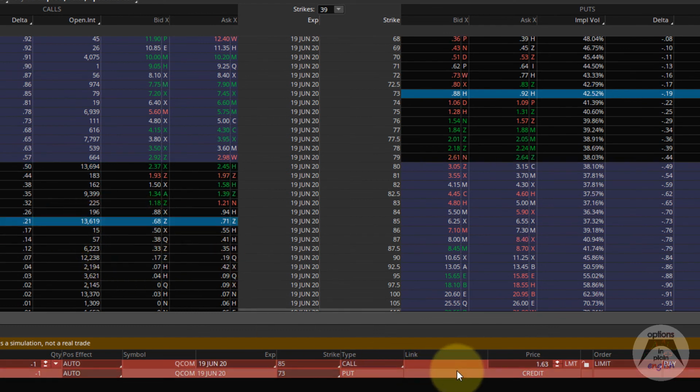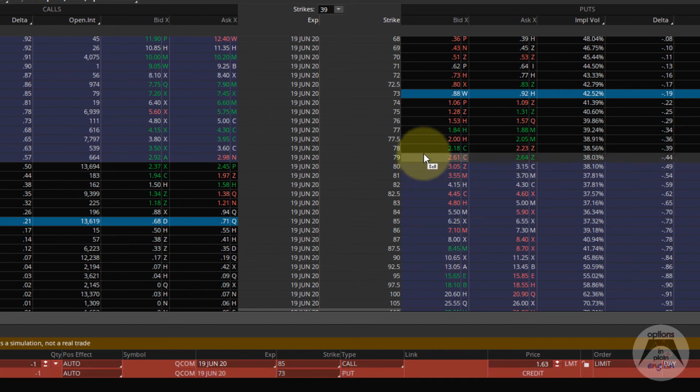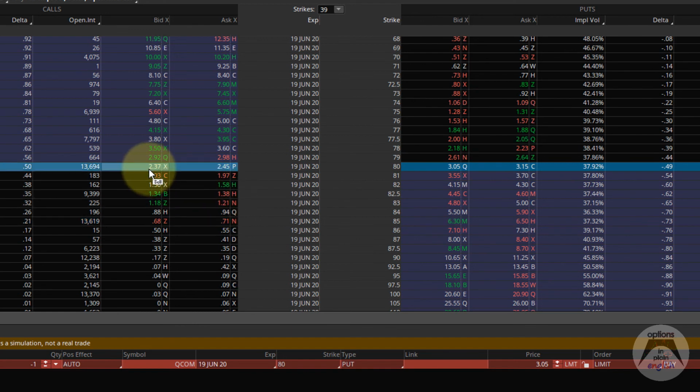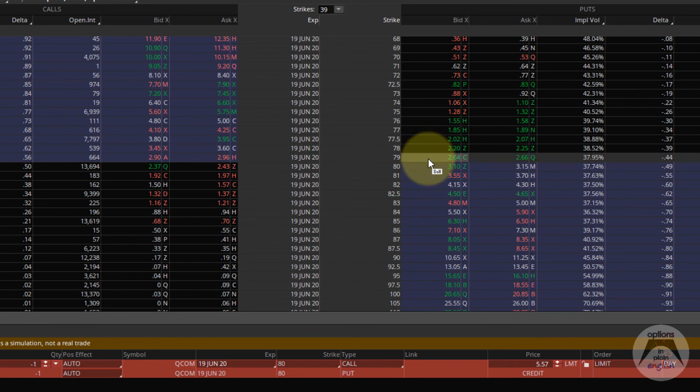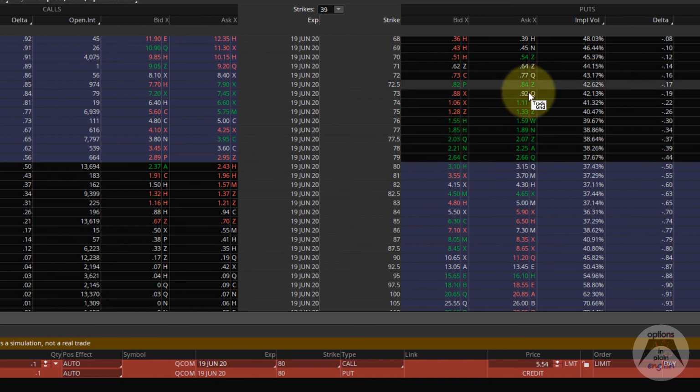So we said it was a little bit over 1.50 because the 80 straddle is 5.57. So 30% of that was 1.65, 1.70, something around that number.